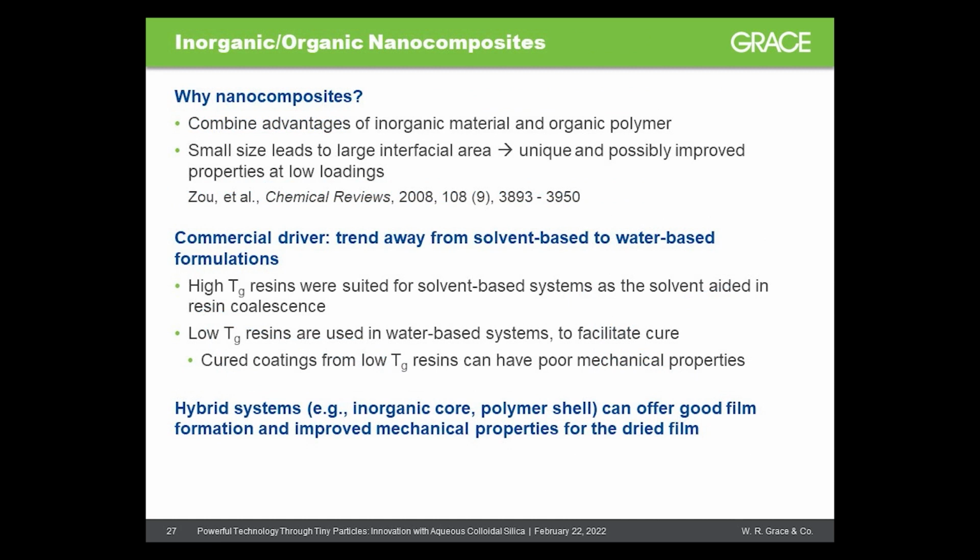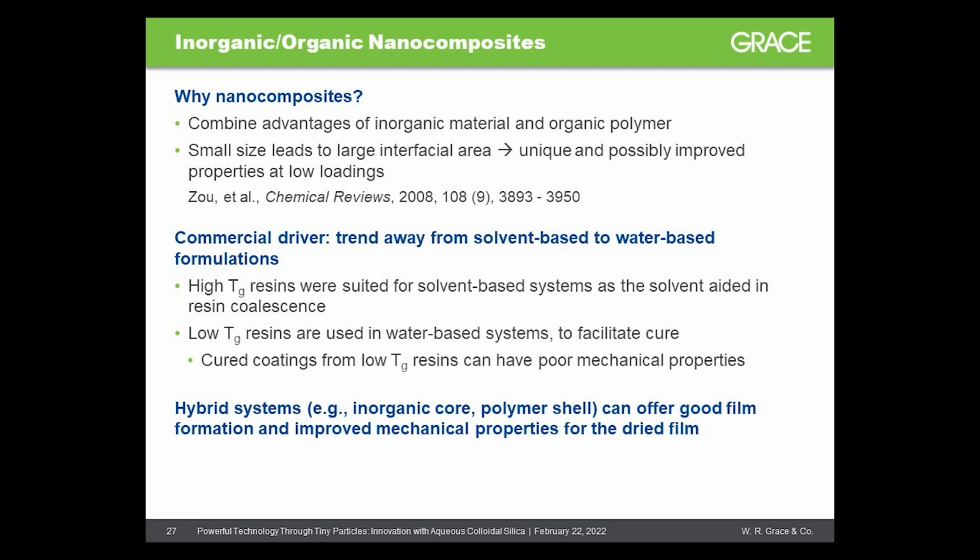We'd like to turn now to applications that involve mixtures of colloidal silica with organic macromolecules. These materials can be termed nanocomposites, since at least the colloidal silica is of nanoscale dimensions. The motivation for nanocomposites is that in principle, it is possible to combine the advantages of both systems, such as hardness and thermal stability from the silica and flexibility and processability from the organic phase.